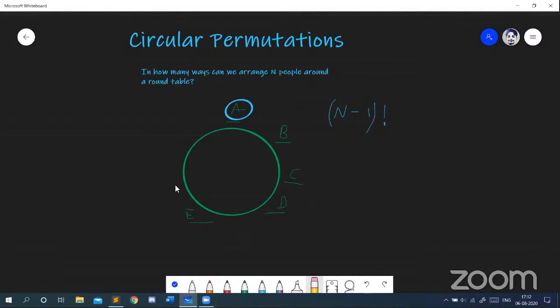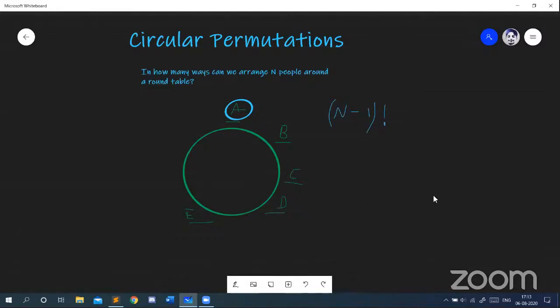And then if we arrange the others linearly around A, we'll get n minus 1 factorial, right? So if I had n things, I would just take any one of them and place it arbitrarily at one position. And I'd arrange all the other ones, and I'd just get n minus 1 factorial because I'd have n minus 1 objects remaining, because I took one away from n, right?